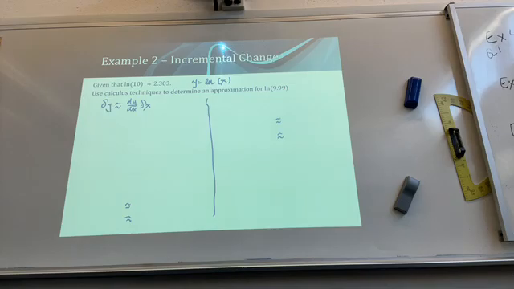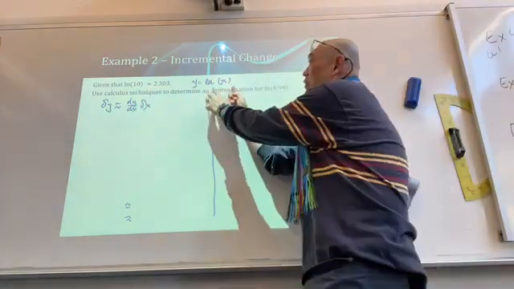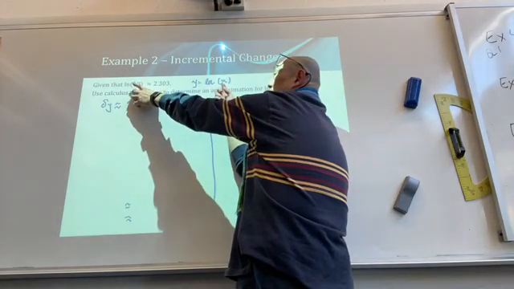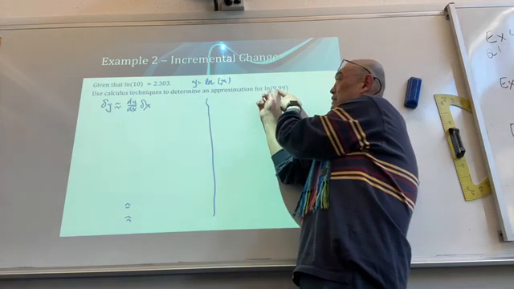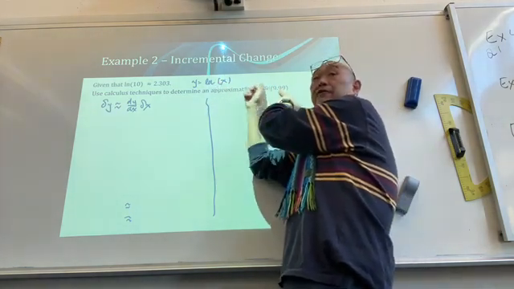Now, you know x is actually 10. The reason why I write this function out is because then I know what x is. X is 10, so I know delta x is 0.01. It makes life easier for yourself.